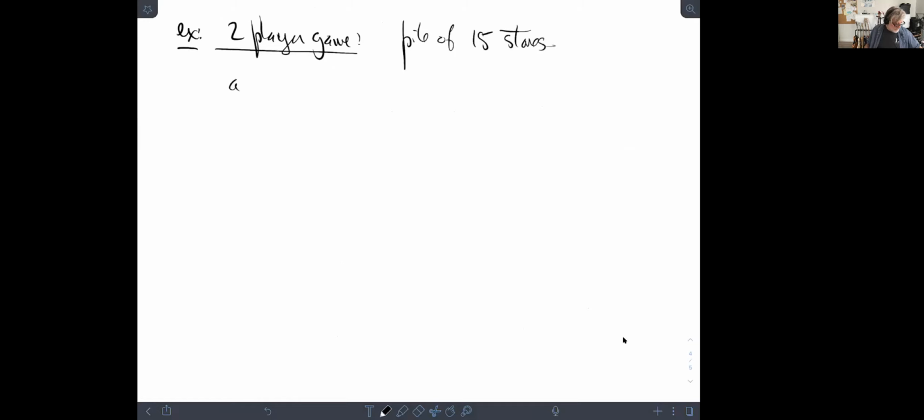So what's a turn? A turn by one player: the player can remove 1, 2, or 3 stones. And what is a win or a lose?